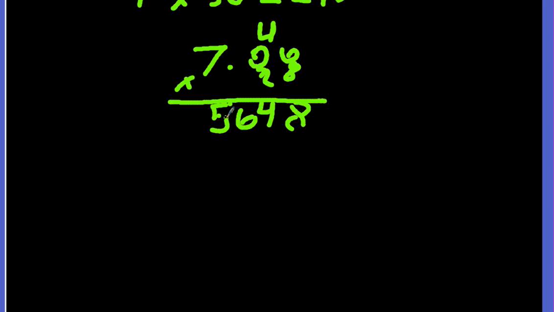And we're gonna carry the 0. So 6 times 2 is 12. Carry the 1. 2 times 0 is 0, plus 1 will be 1. And then 2 times 7 is 14.